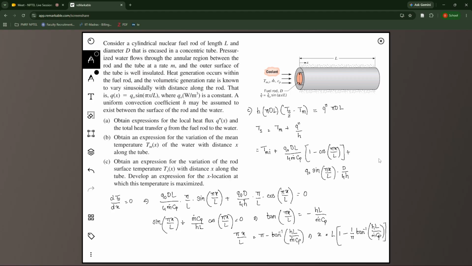So depending on the heat transfer coefficient and the mass flow rate that we are having, that determines where the maximum value of this temperature is going to be. So this is a simple analytical one. Are there any questions in this?